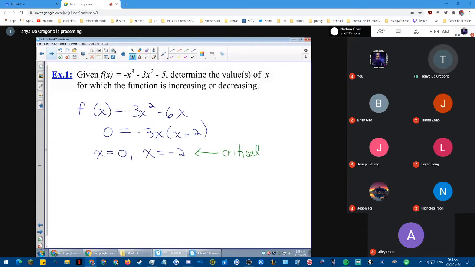So these are our critical points. Whether or not they're maxes or mins is yet to be determined. So that means that at x equals negative 2 and x equals 0, f of x is changing from increasing to decreasing or vice versa.